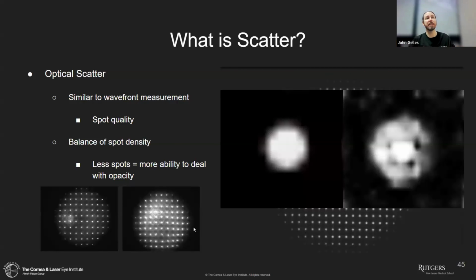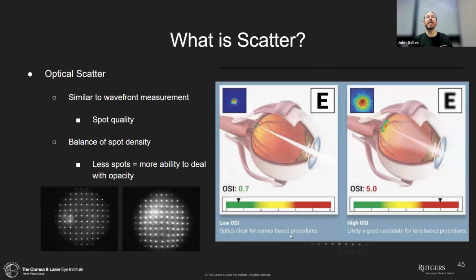The wavefront sensor on the OVITS, I kind of consider it the Goldilocks amount, because you can still get a really good result even when there is some level of scarring or cataract because you're not missing the data in that area. So kind of imagine, scatter is essentially how tight those spots are. This is just another demonstration of this.